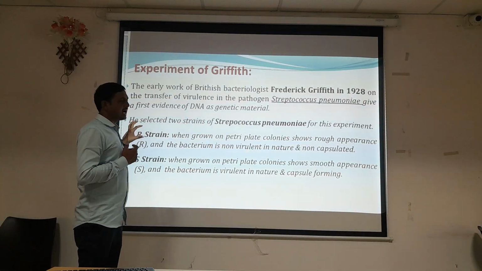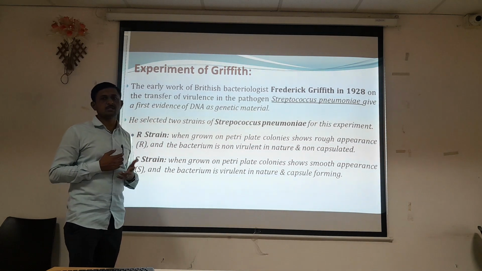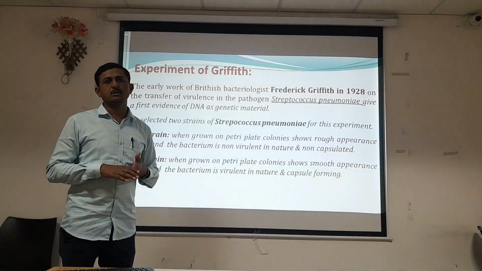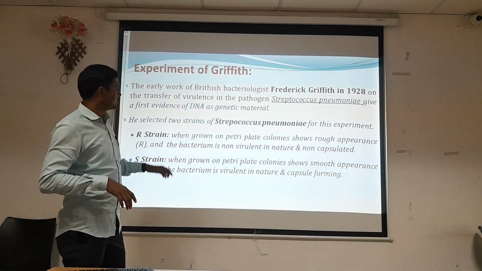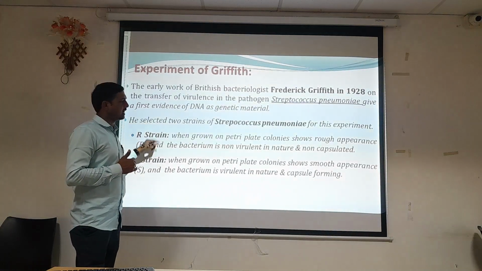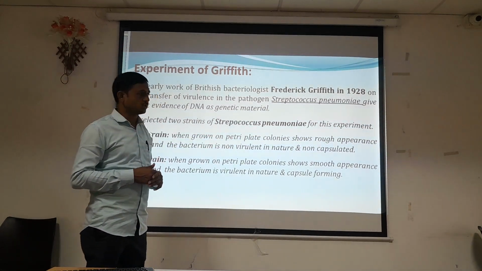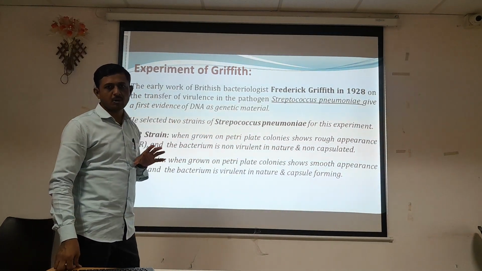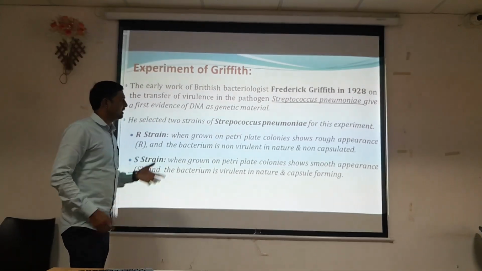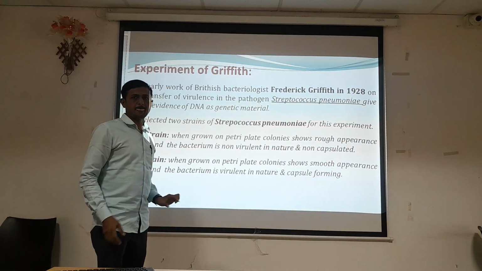Firstly, the R type of strain. R stands for the bacteria which produces a rough type of colony, where the texture of the colony is rough. That is why he called it the R type of strain. When grown on a petri plate it shows rough colonies, and the bacterium is non-virulent and non-capsulated.